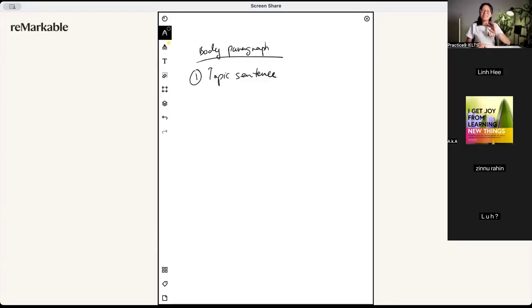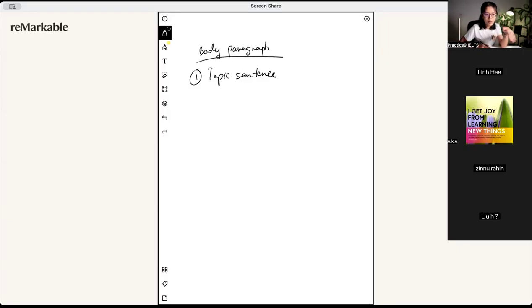Now the criteria are more complicated, in my opinion, but it doesn't mean we can't master it. I have clients who got 8.5 in writing, so you will get there too.